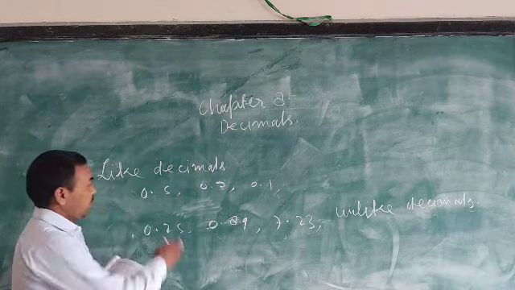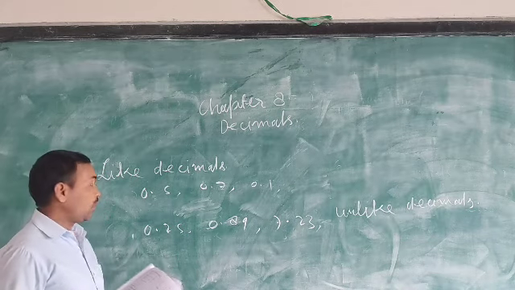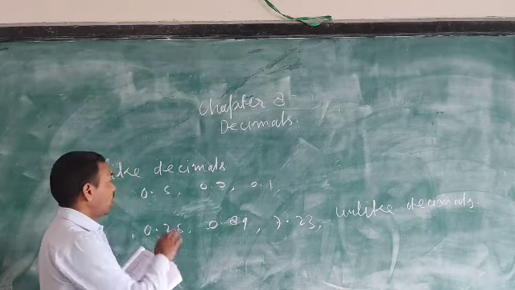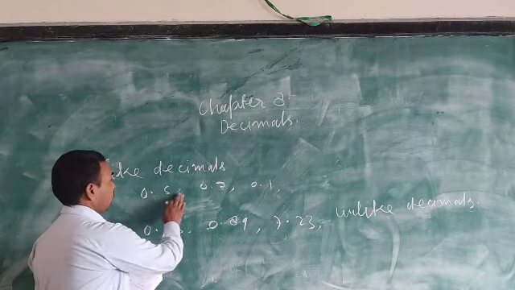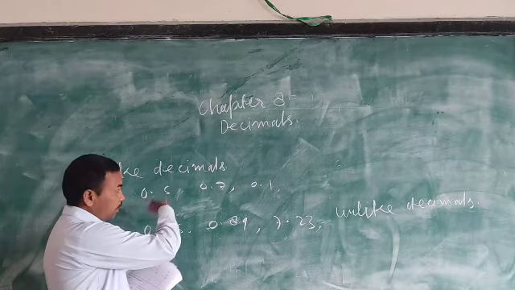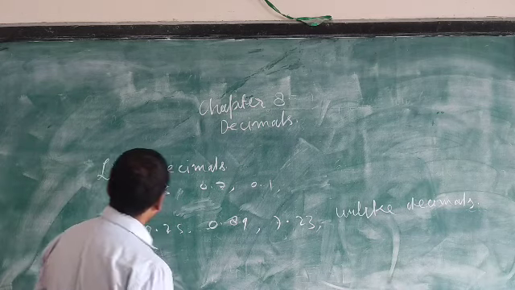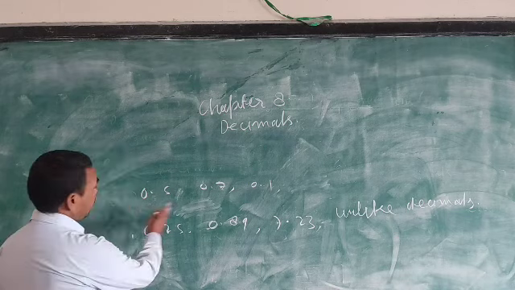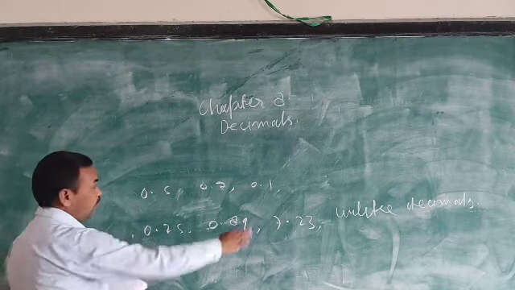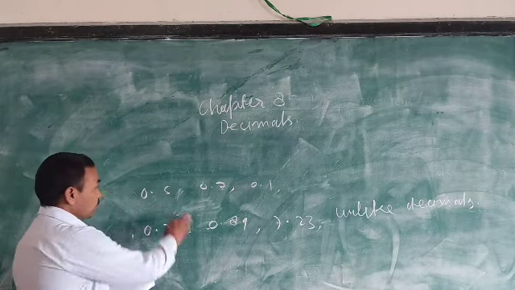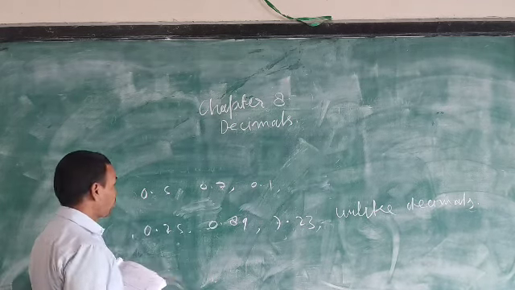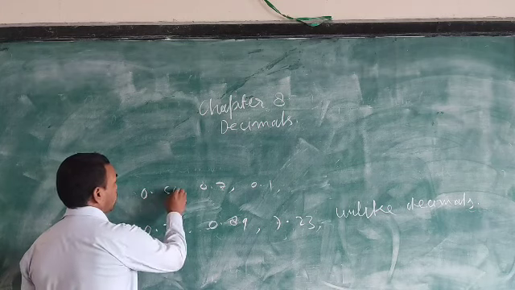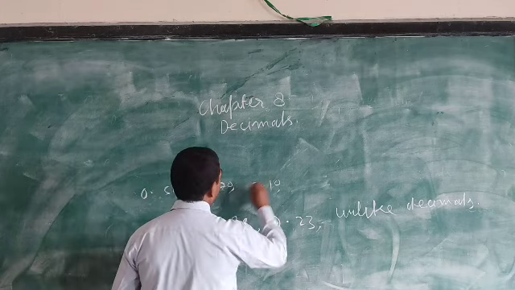Any unlike decimals can be converted to like decimals by writing the required number of zeros at the end of the decimal. Suppose all are written together, they are unlike decimals. If the question is to convert these into like decimals, count the decimal places here: 2. So these numbers' decimal places also should be 2. But these have one decimal place. You can write one 0 at the end like this.